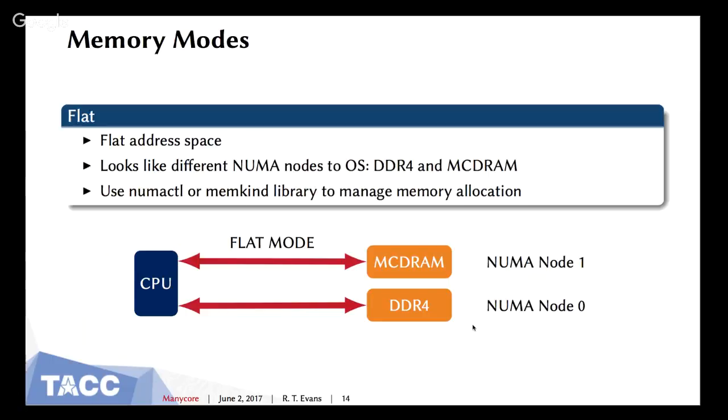It looks like a different NUMA node, and the way the processor is configured, the default memory for the cores is the DRAM, not the MCDRAM. So to use the MCDRAM in flat mode, you have to do something. You either have to use a NUMA control command to tell the execution of your process to use MCDRAM first, or you use some of these tools within your program to actively allocate memory to MCDRAM.